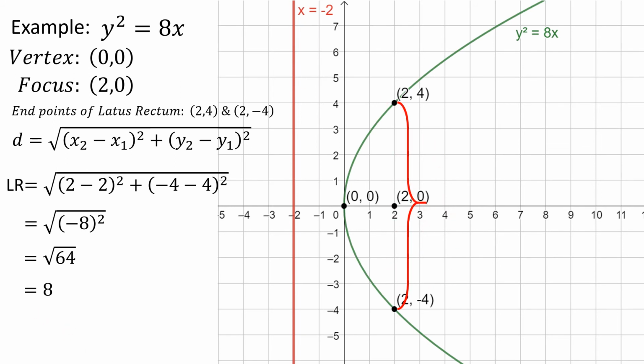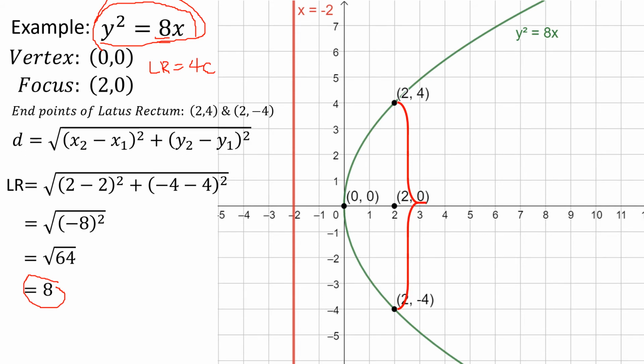So I want you to take a look at the length of your latus rectum and our equation, the parabola. Obviously, we can get the length of your latus rectum without using the distance formula. Your latus rectum is just equal to 4c. Okay, so that is the length of your latus rectum.